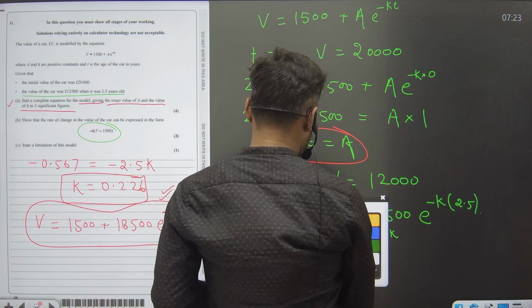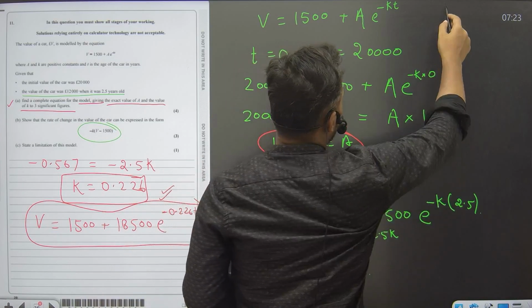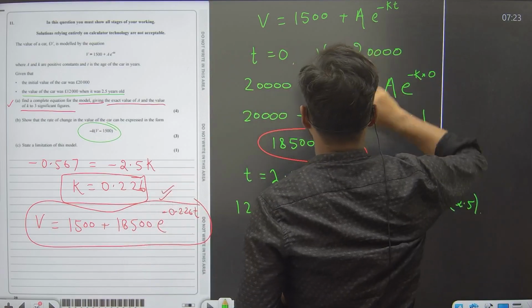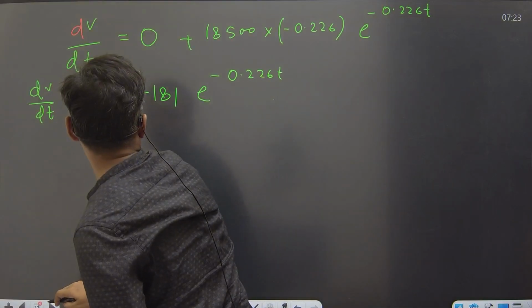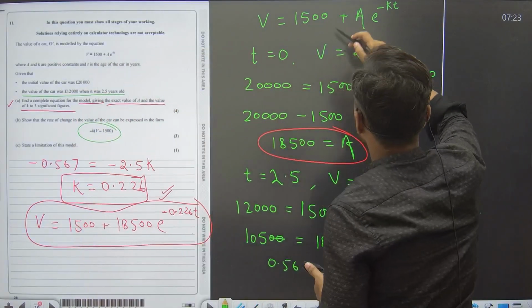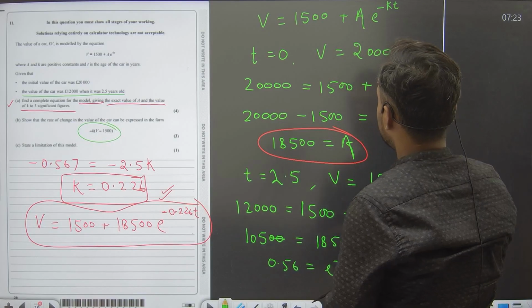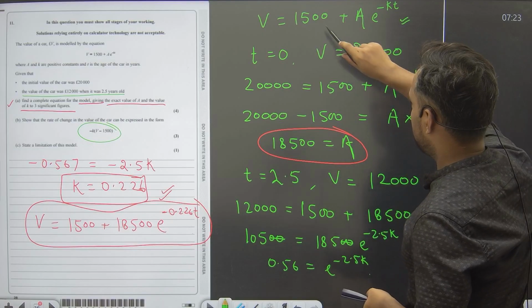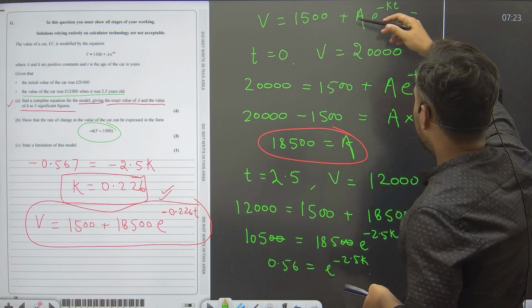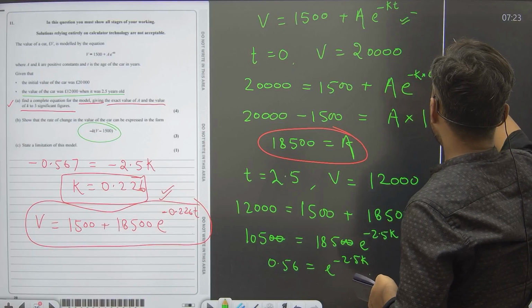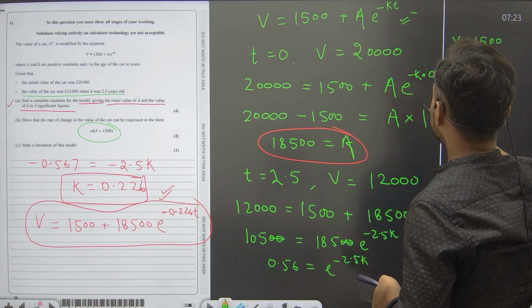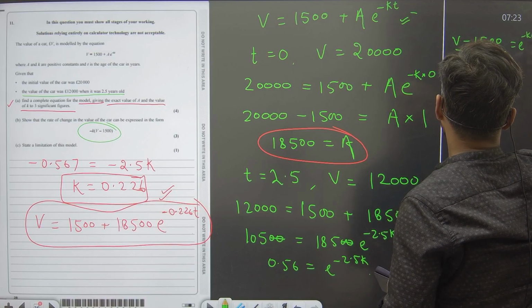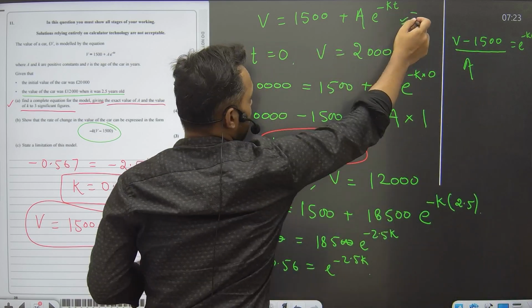See students, from this equation, the base equation, what you will get is the value of e raised to the power minus kt: v minus 1500 upon a equals e raised to the power negative kt. This you will get from this equation.